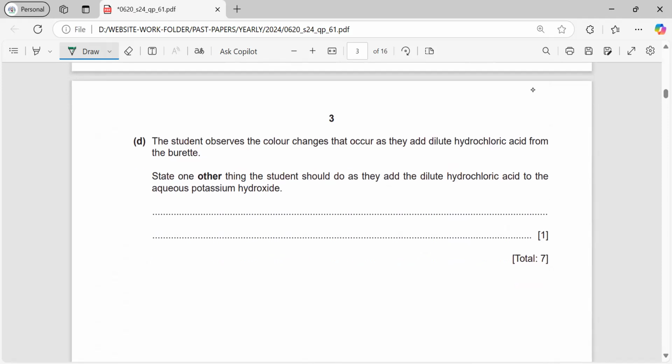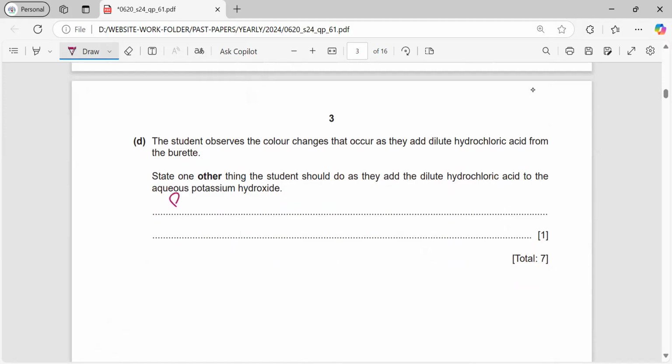Last question, the student observes the color change that occurs as they add dilute hydrochloric acid from the burette. State one other thing a student should do as they add the dilute hydrochloric acid to the potassium hydroxide. So what should they do? They added the indicator solution and they are adding hydrochloric acid. What should a student do to make sure that they are completely mixed with each other and they react with each other?